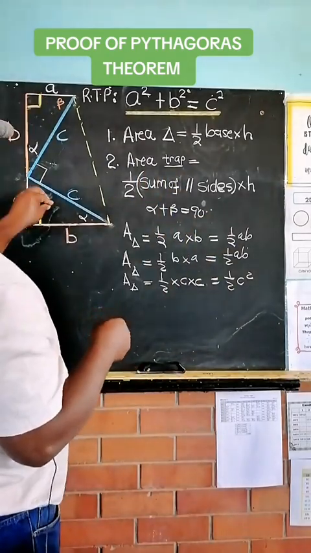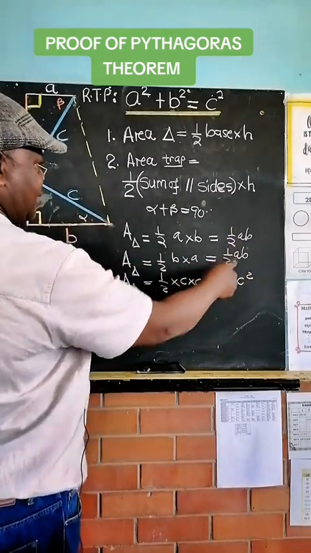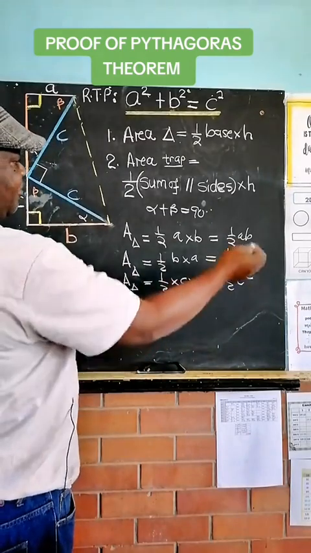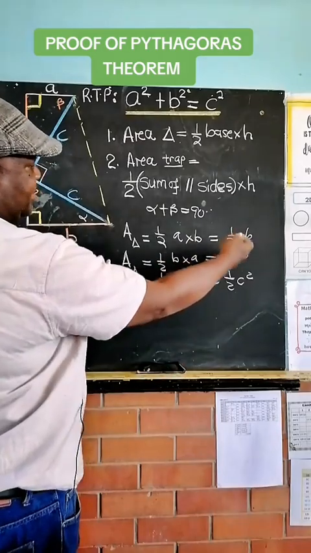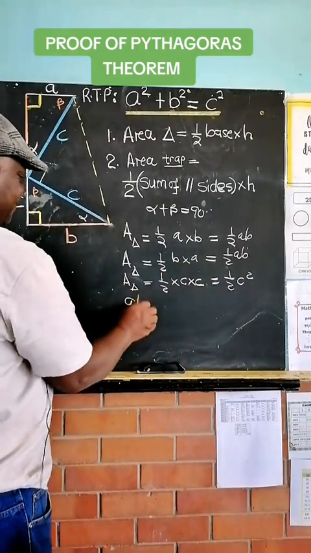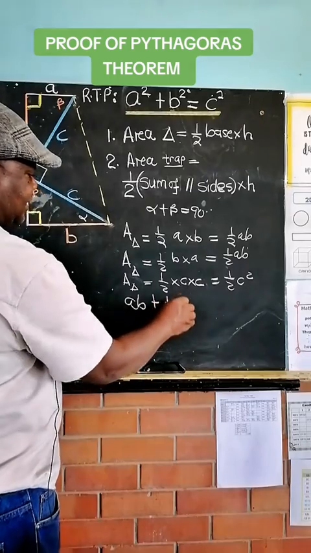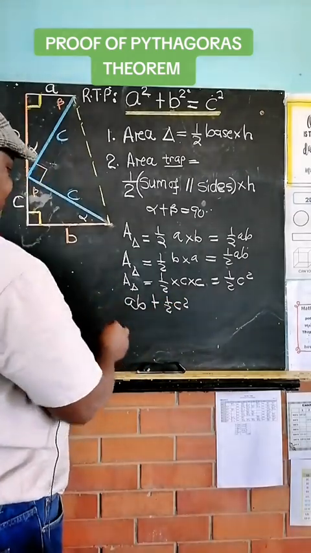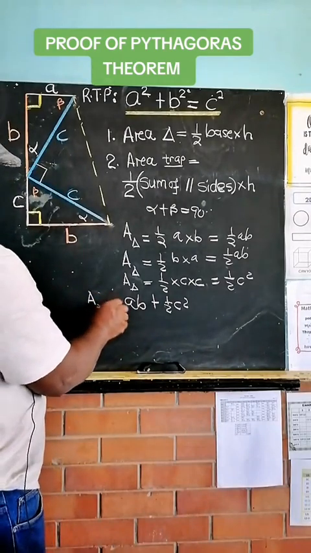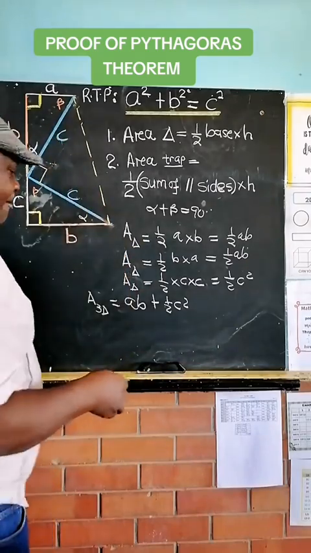If I combine this one and this one, I'm going to have half AB plus half of AB, which is AB, plus half C squared. This is the sum of the three triangles. So it's the whole shape that is closed there.